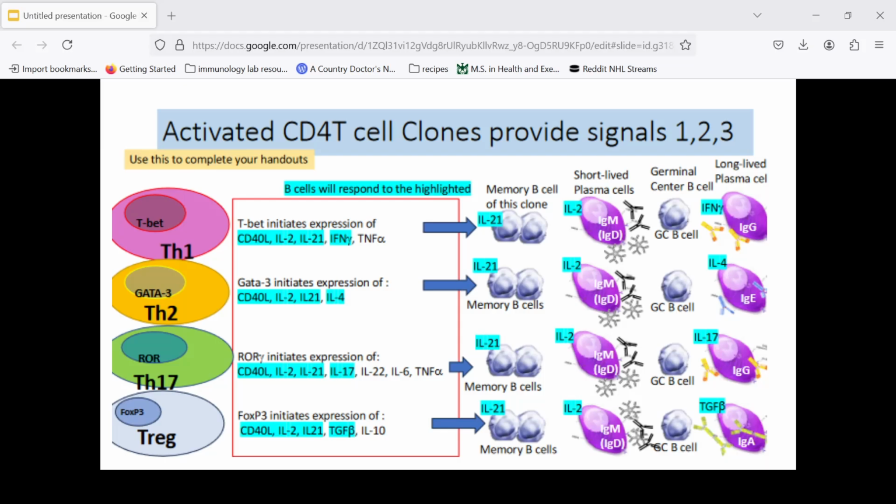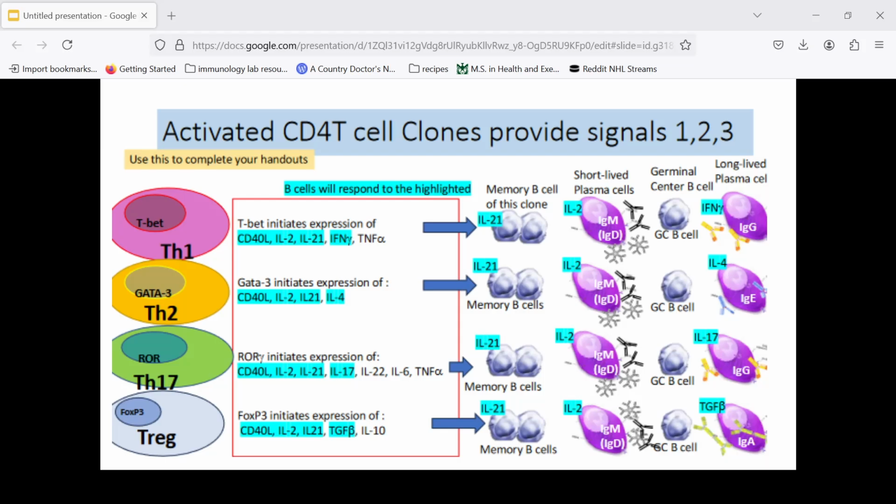From what she explained to me, the class switching process begins once this guy is made. Once this is started, we have some baby B cells that do class switching. They do that cutting out of the antibody DNA.